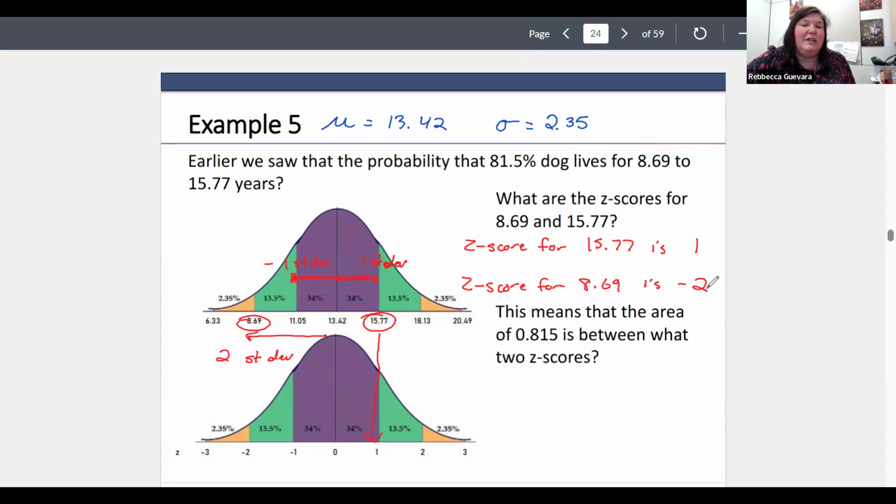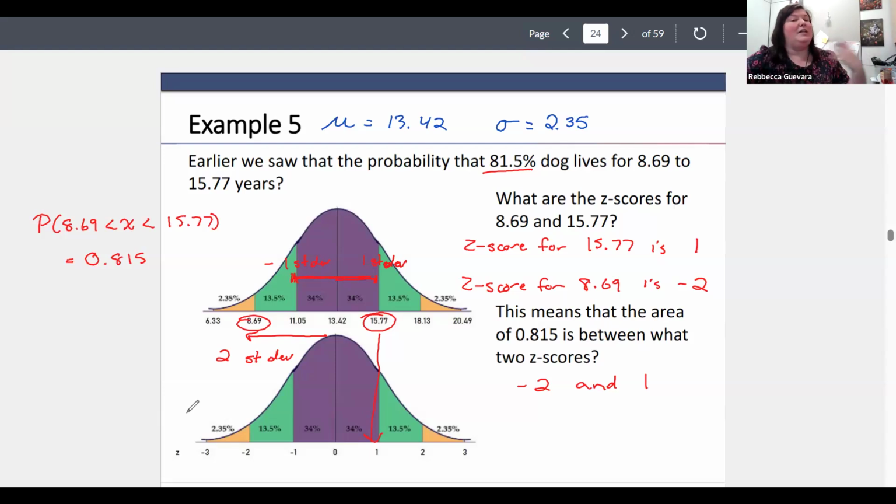So this means that the area 0.815, or 81.5%, is between what two z-scores? It is between the z-scores of -2 and 1. Remember, this is representing a probability. Up here, the probability that a dog lives between 8.69 and 15.77 years is 0.815 or 81.5%.